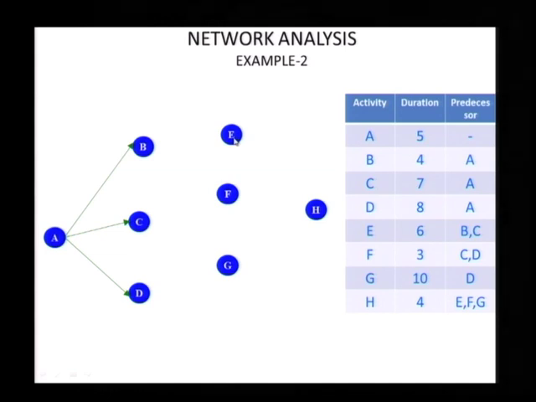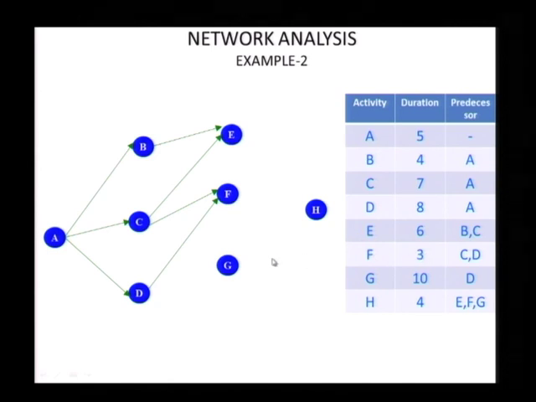Now I have E here, it has both B and C as predecessors, and F has C and D as predecessors. Now when I come to G, it only has D as a predecessor. I come to H, it has E, F and G as predecessors. So this completes the network. So the predecessor relationships of the activities have been represented here.